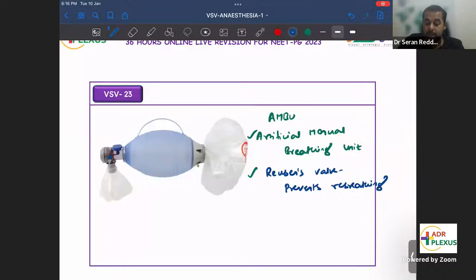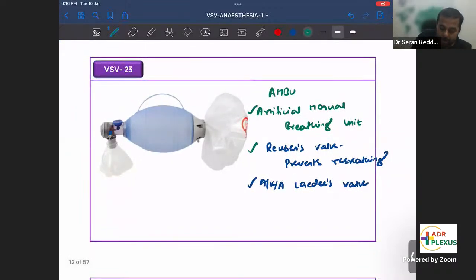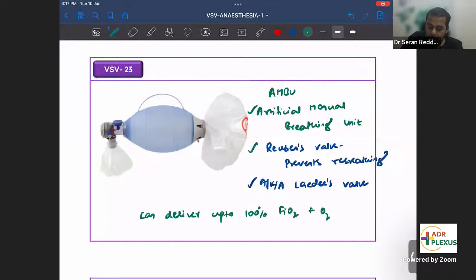It is also known as Leader's valve. When I say Leader's valve, it is another name of the AMBU bag, and it can deliver up to 100% FiO2 in the presence of oxygen and a reservoir mask.